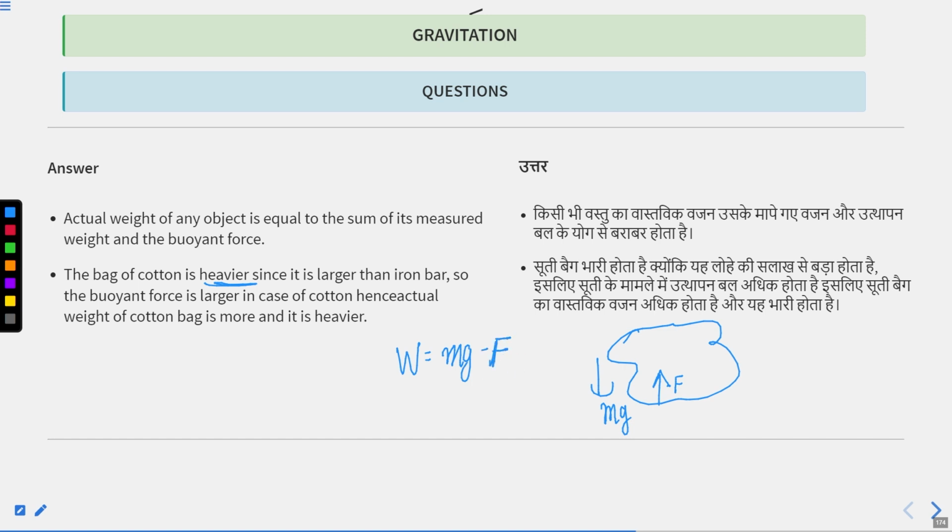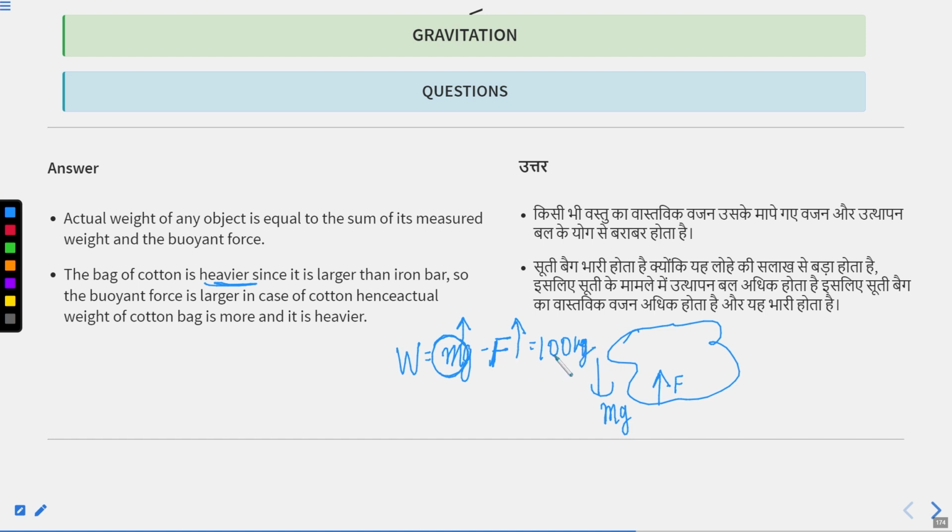Because the cotton ball is larger, it exerts a higher upward force, so its actual mass has to increase to balance out, and the final reading is 100 kg.